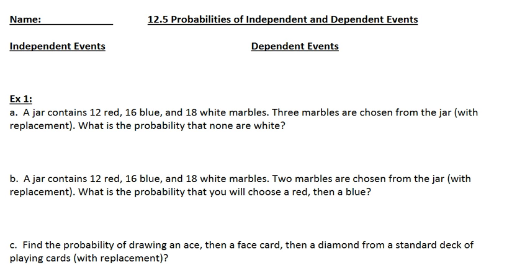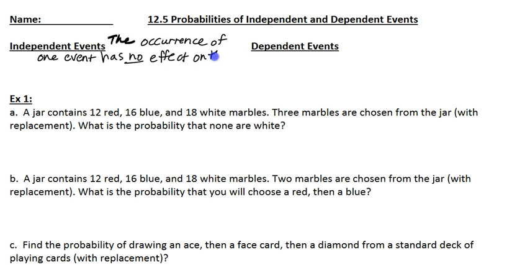If I have something called an independent event, that means that one event has no effect on the other. Here's what I'll say. The occurrence of one event has no effect on the other.